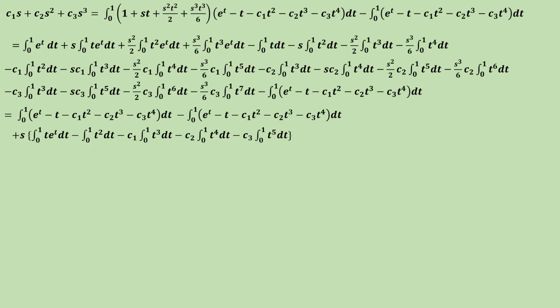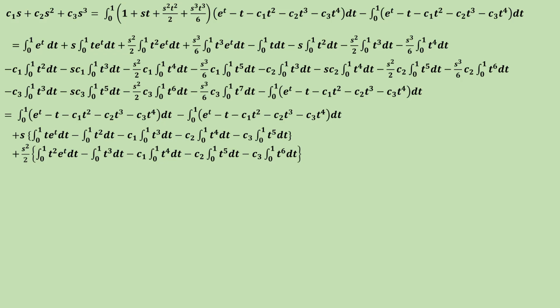Then s term, taking s outside, plus s into integral 0 to 1 t e power t dt minus integral 0 to 1 t square dt minus c1 integral 0 to 1 t cube dt minus c2 integral 0 to 1 t power 4 dt minus c3 integral 0 to 1 t power 5 dt.